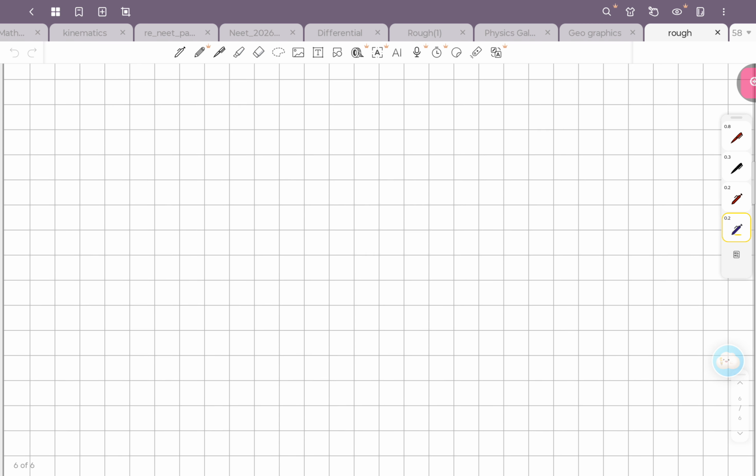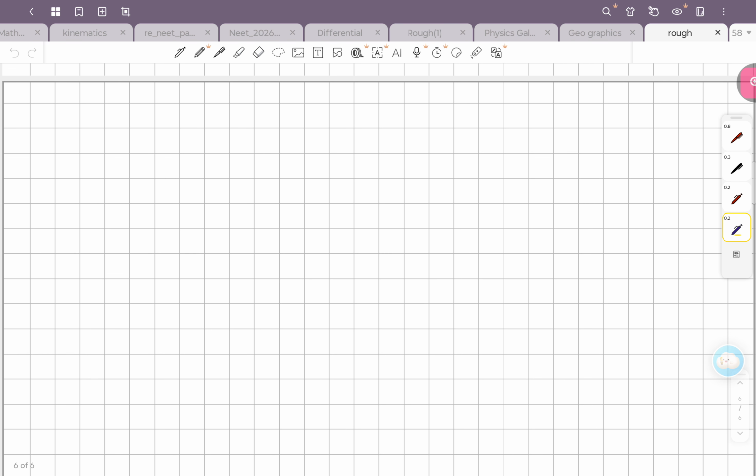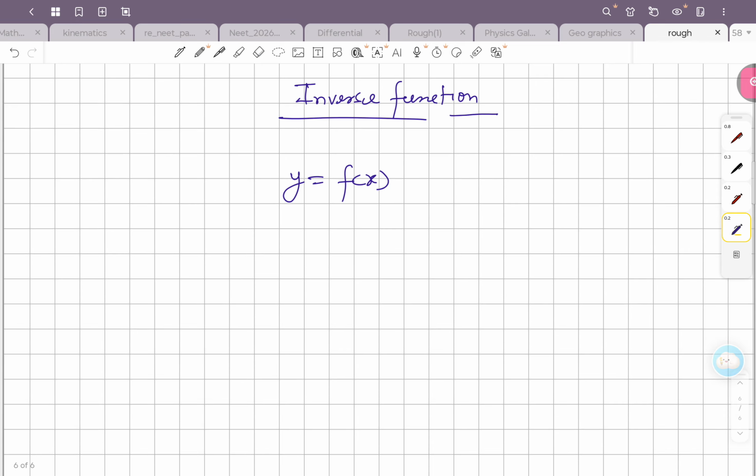So first understand what an inverse function is. Suppose you have written y equal to f of x. Here the set of x is the domain, and the set of y is the range.